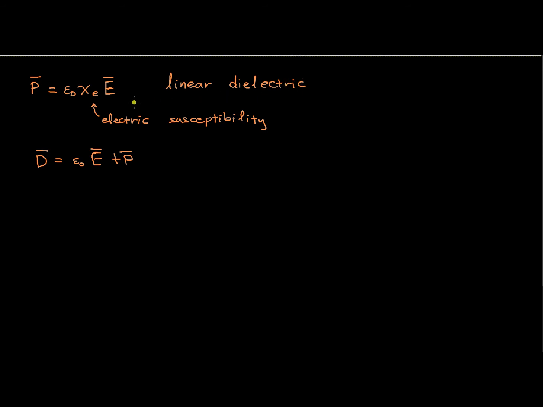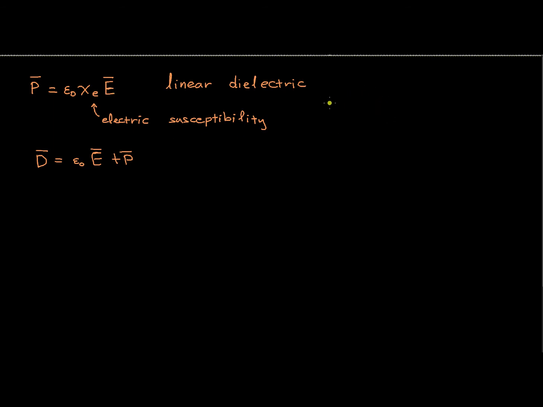Now, there is one subtle thing about this expression. This is polarization, and this is the electric field. This is the total electric field from everything. Here is the issue.